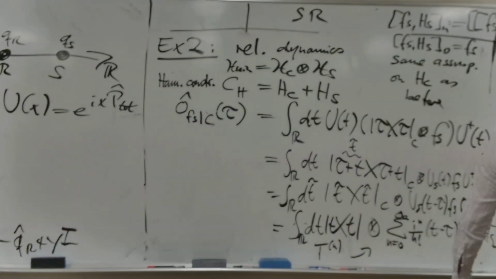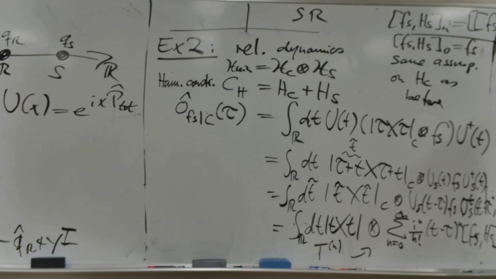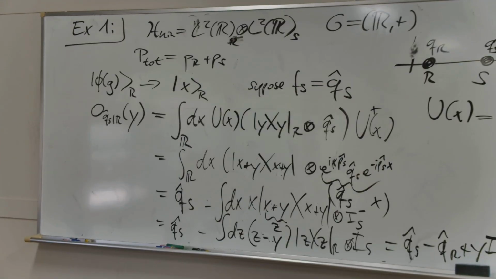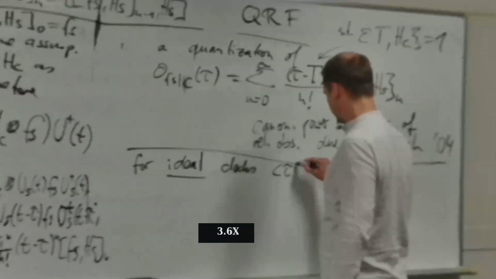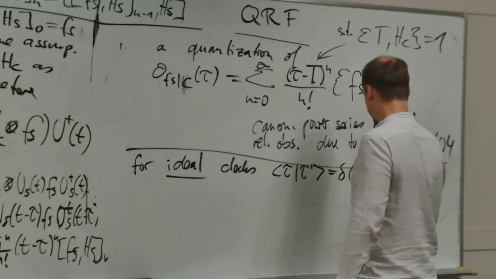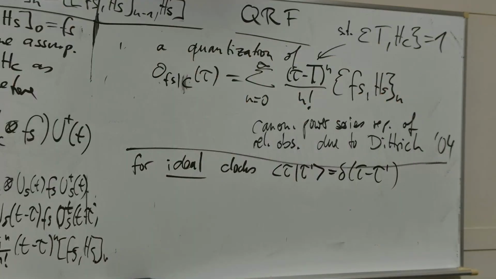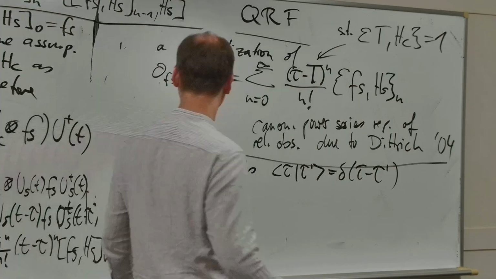And then maybe one more thing for ideal clocks. This here holds for non-ideal clocks also. For ideal clocks, when tau prime is delta tau minus tau prime, we have something even simpler.